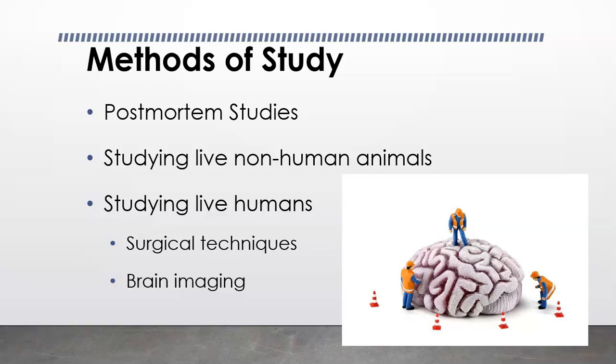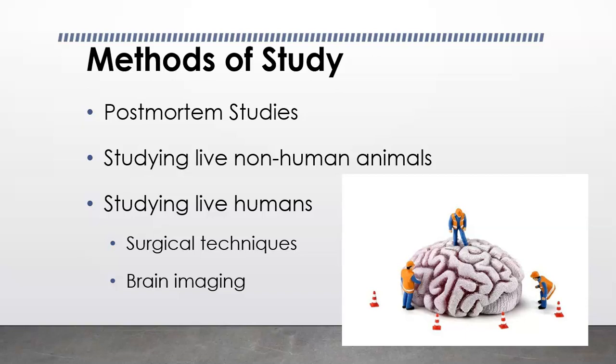We're going to wait till they die. There are some limitations, such as the brain starts to degrade pretty much as soon as someone dies. So there's a pretty short period of time in order to study the brain. And obviously we can't tell how the brain works just by looking at a dead brain.